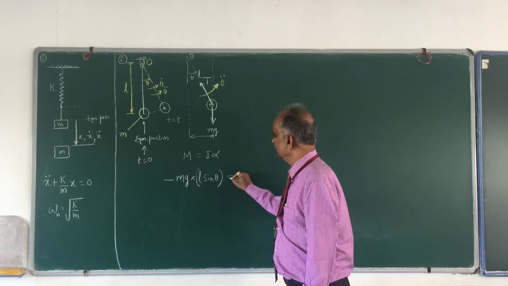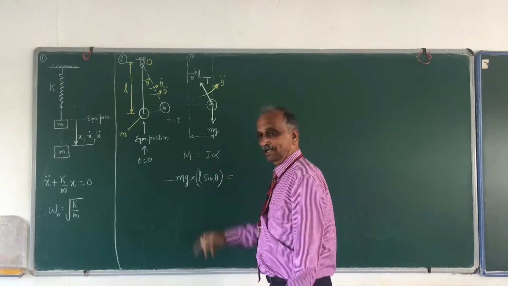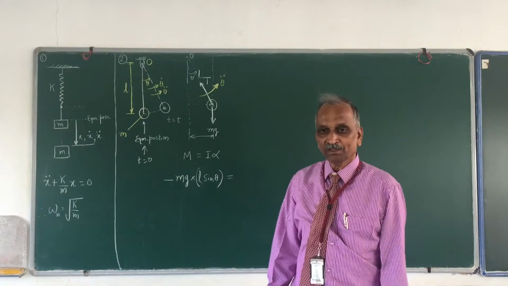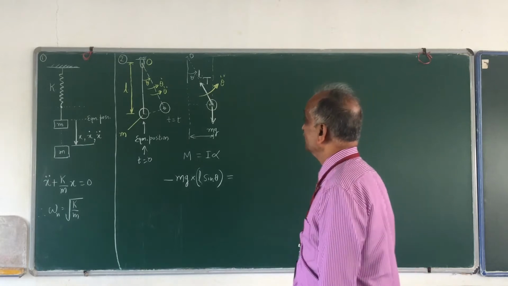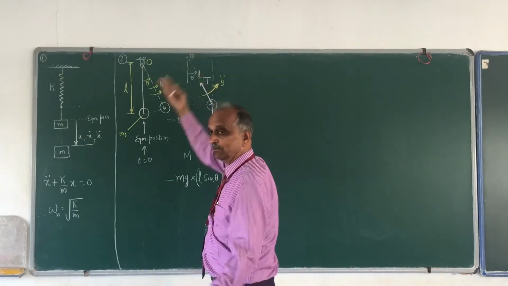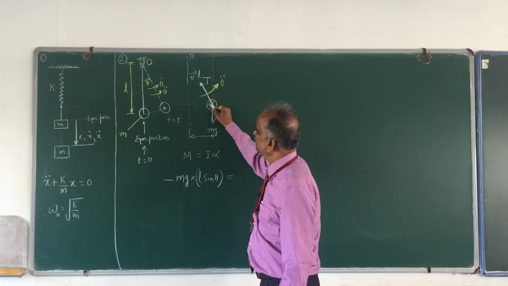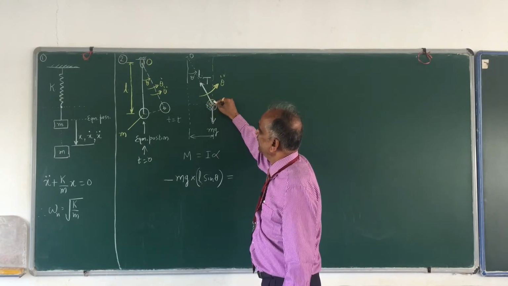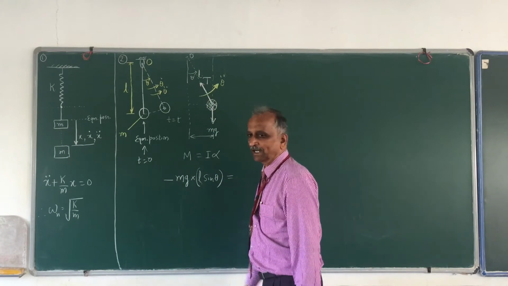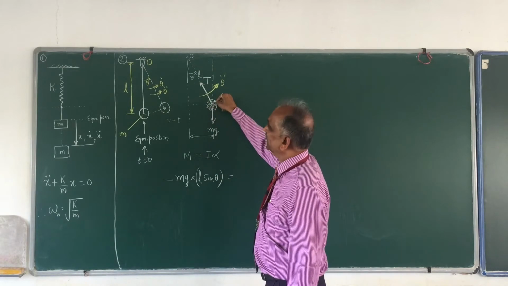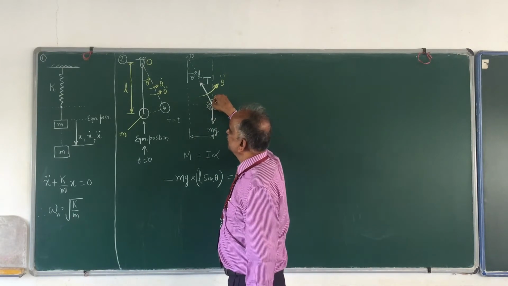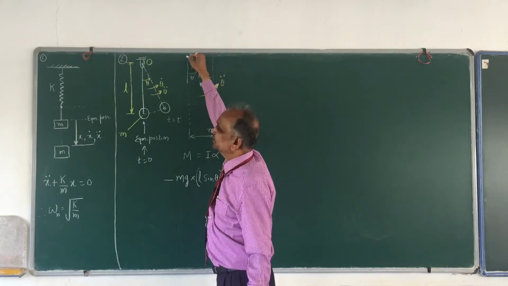I alpha is equal to, okay, I is the moment of inertia about the point about which the rotation is taking place. So this is the mass, this is the only mass which I have. This string is not having any mass. And what is the moment of inertia of this point mass about this?